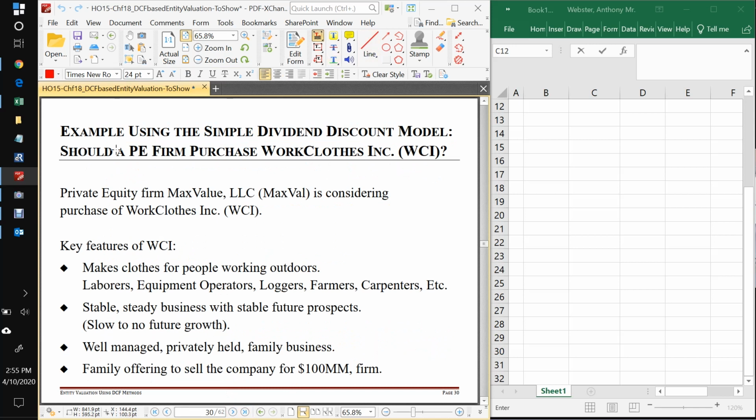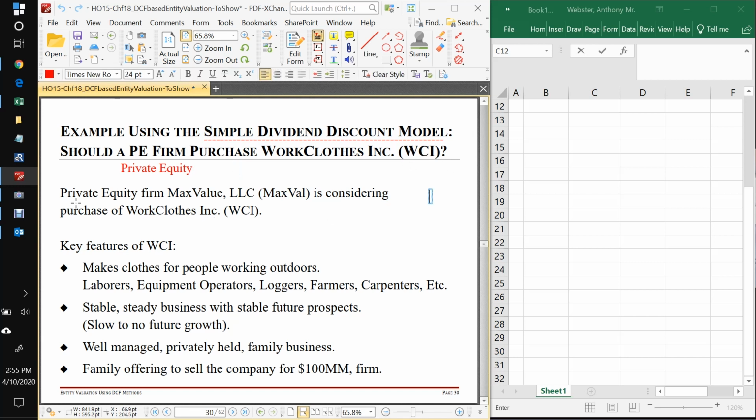Okay, so now let's do an example. Let's use the more realistic and not completely implausible simple dividend discount model. Let's answer the question: should a private equity firm, PE stands for private equity, purchase WorkClose Inc.? We'll call WorkClose Inc. WCI for short.